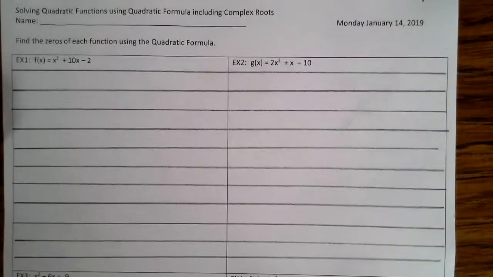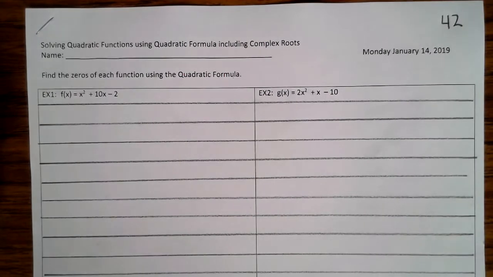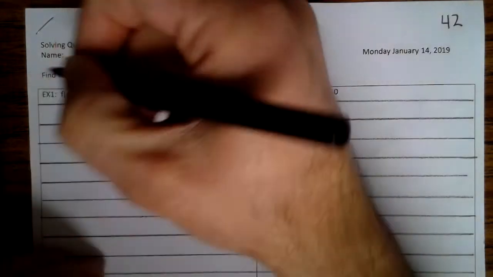Now, I've added some lines to keep the work organized. You can do so. You don't have to, but it might help keep your work a little bit more organized. All right, example 1. Find the zeros of each function using the quadratic formula. So the first thing you do is if there's not a number in front of x, put a 1.